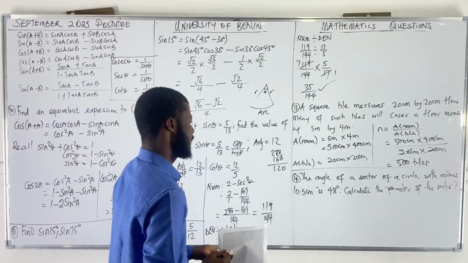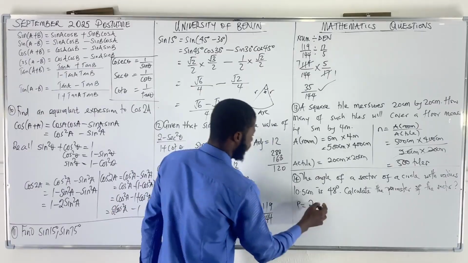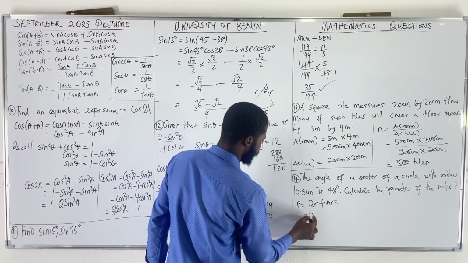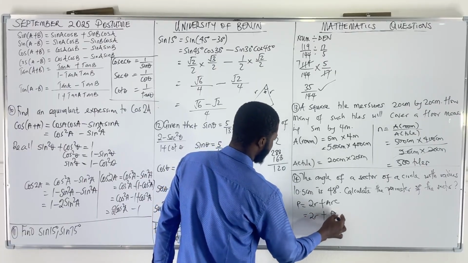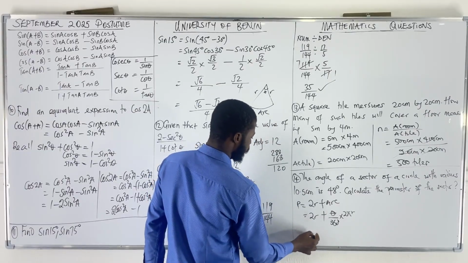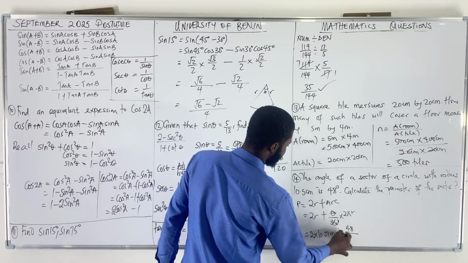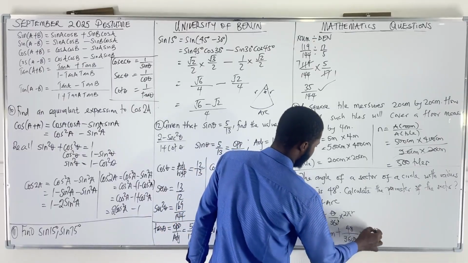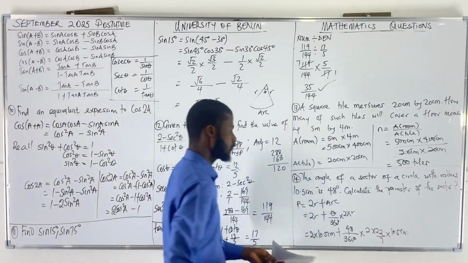So perimeter is 2r plus length of an arc, which is theta over 360 degrees times 2 pi r. So 2 times 10.5 because that's the radius, plus 48 over 360 degrees times 2 times 22 over 7 times 10.5 centimeters.